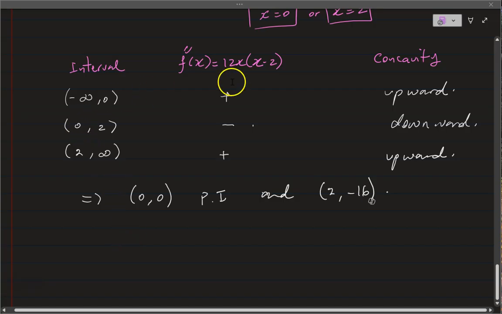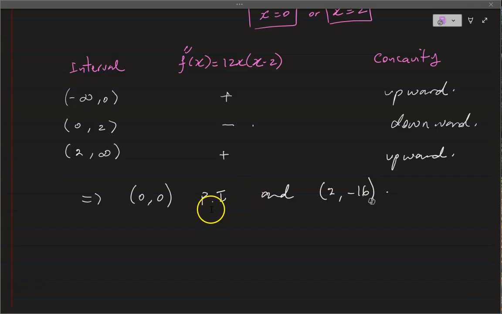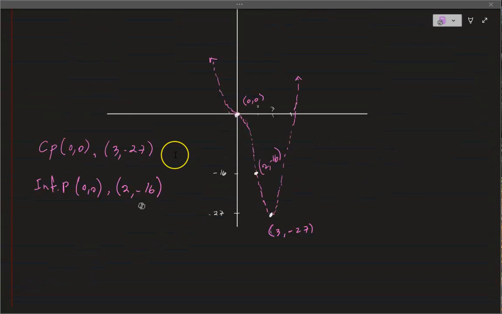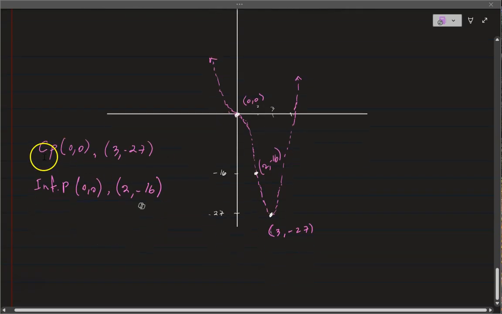And now that we have all this information with the critical points, we can go ahead and sketch the graph. So let's sketch the graph. And here is the graph using the critical points 0, 0 and 3, negative 27. It's roughly sketched.